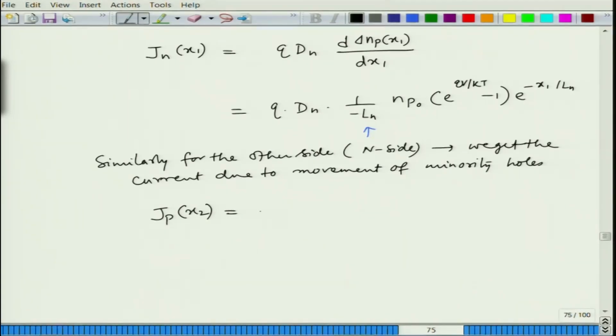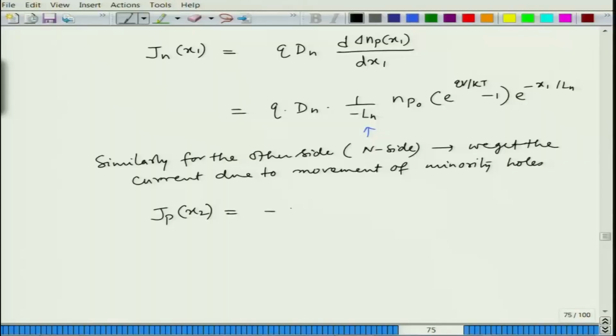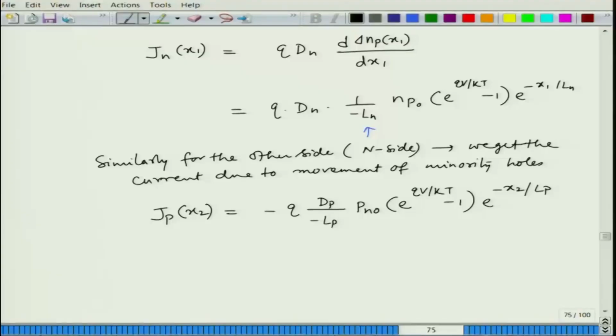Now, as the charge is negative for holes, what you will get is, with a negative sign, D_p over minus L_p, p_n0 (e to the power qV by kT minus 1) e to the power minus x_2 by L_p. So, you agree to this, we just used the same thing; x_1 and x_2 are consistent with the current direction.